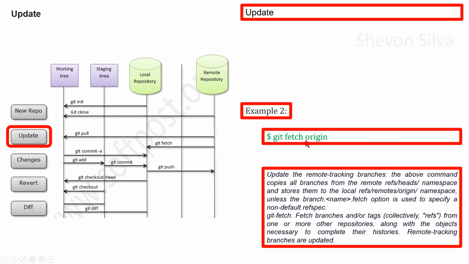Git fetch branches and or tags, collectively refs, from one or more other repositories along with the objects necessary to complete their histories. Remote tracking branches are updated.